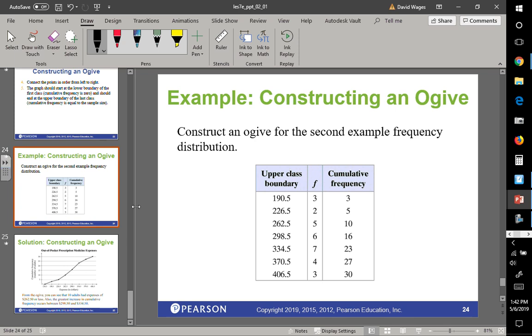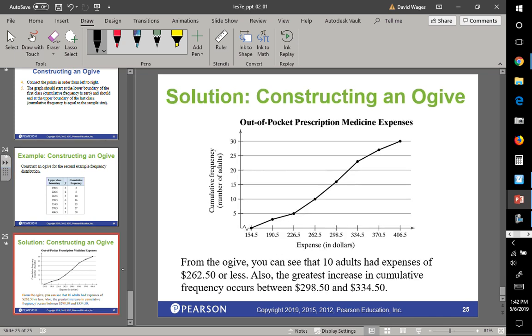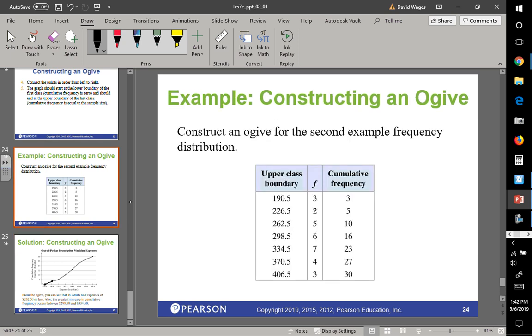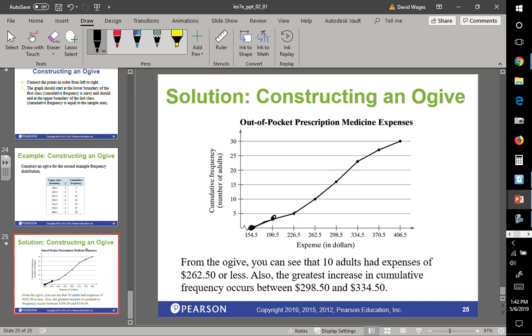Notice before 190.5, when we get below that category, there's no data. And then when we get through the first category, we've gotten up to 3 values. By the time we get through the second category, we'll have gotten up to 5. Then we've gotten up to 10 by the time we get through the next category, and so forth.